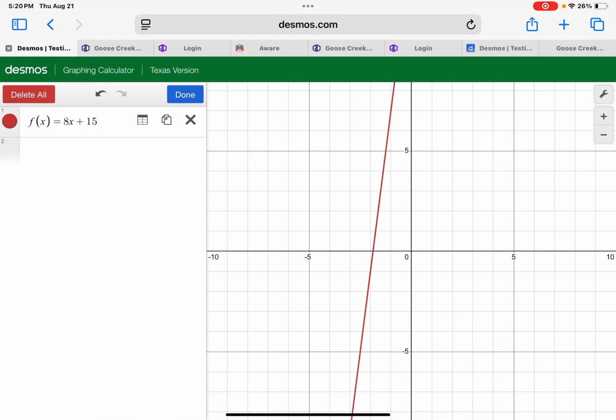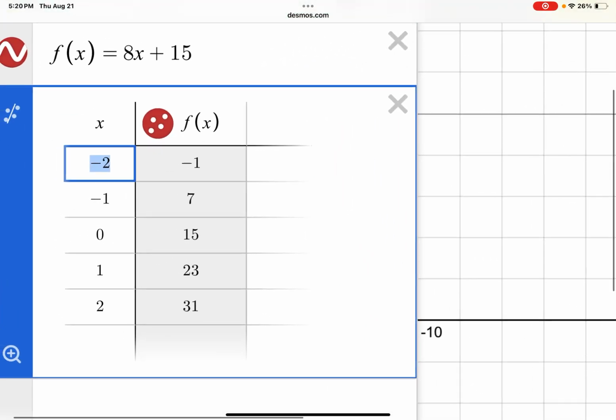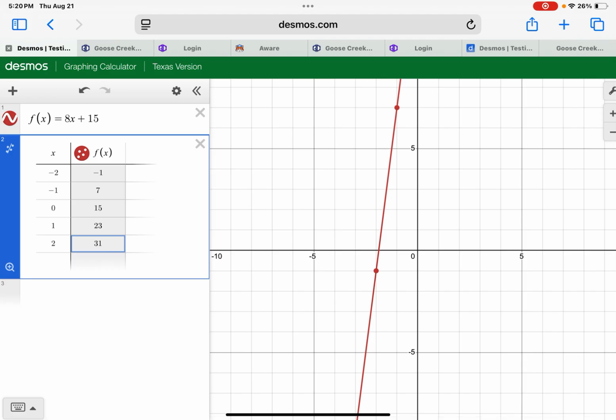And I did a little table over here. Okay. My domain would be all of these x values. So -2, -1, 0, 1, 2. And I could keep going with that. I could keep adding domains. The range is going to be over here on the right side, all of your output values. So you've got a domain and you've got a range.